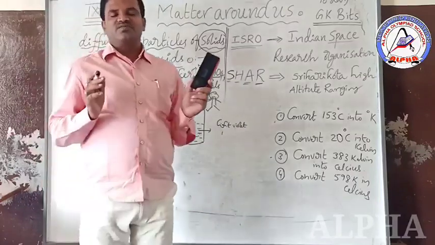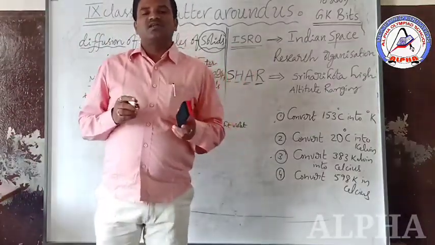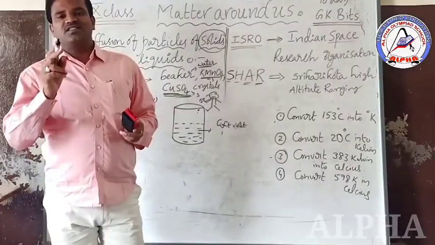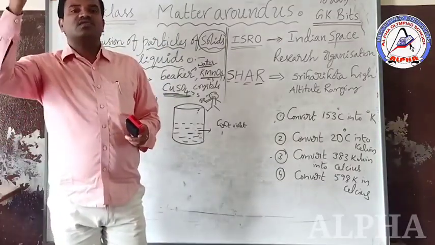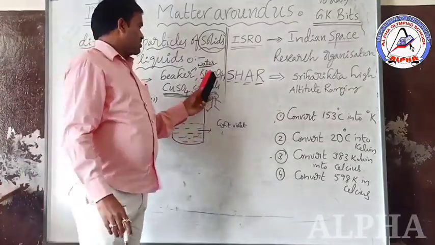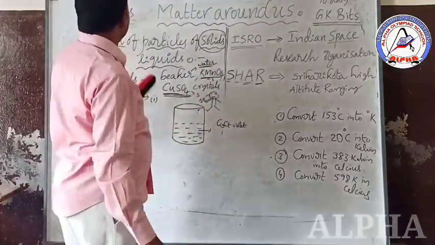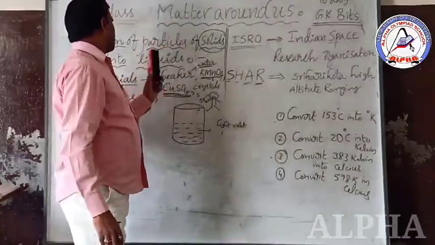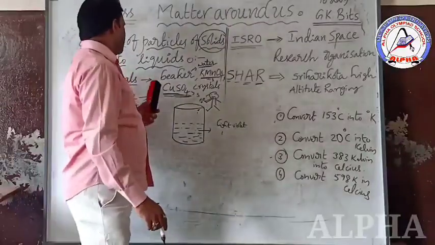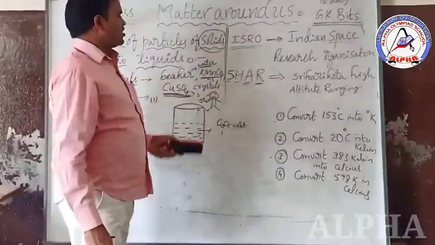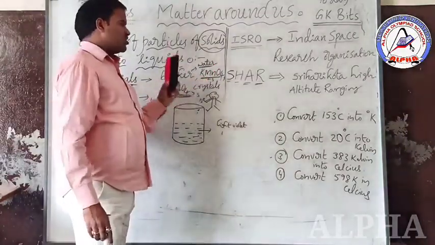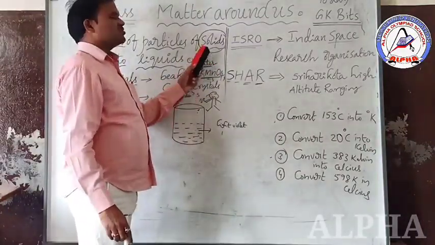That's why we conclude that the diffusion of gases is more than that of solids and liquids. Once again, how can you show the diffusion of particles of solids into liquids with an activity? For this we need a beaker, water, potassium permanganate crystals and copper sulfate crystals. Here crystals means nothing but solids only.